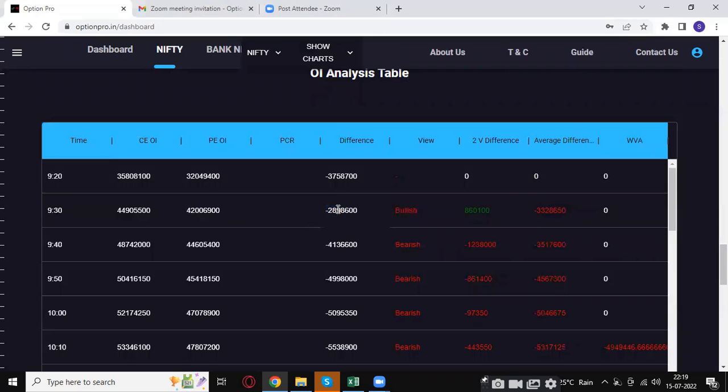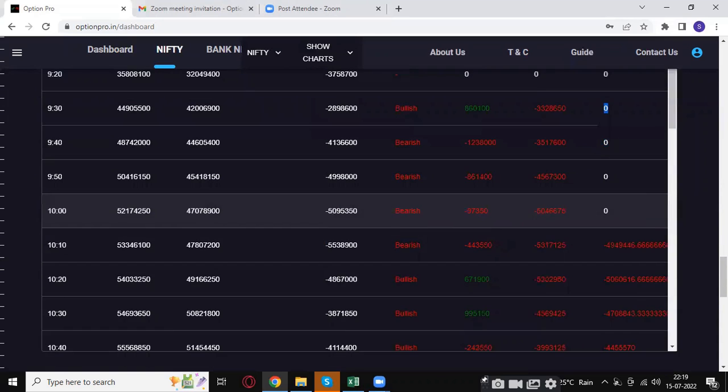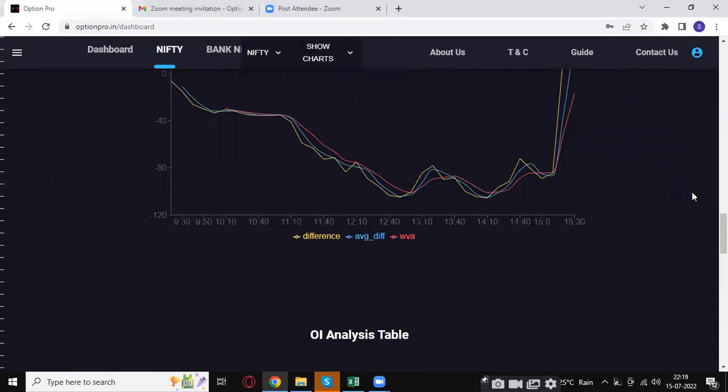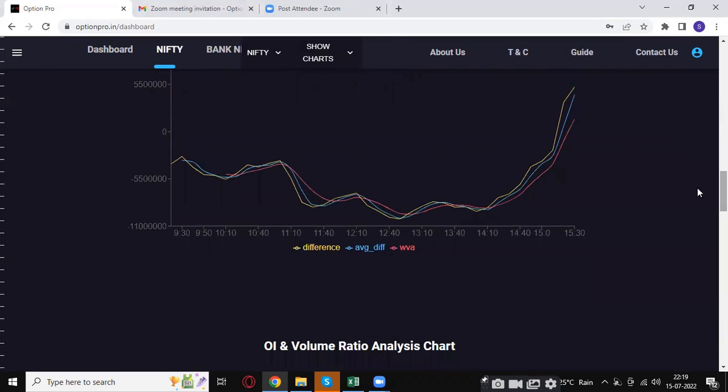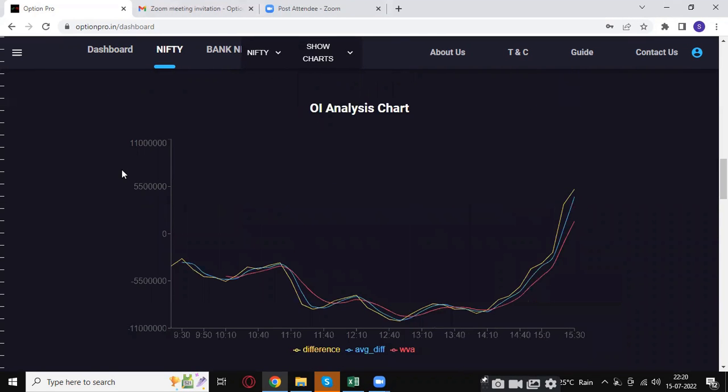Here you can see the difference between the current value and the previous value, whether it is getting positive or negative. Then the average of two values, a simple two value average. And the last thing, the five value moving average. Based on all those data at different intervals, we are plotting this chart, right?